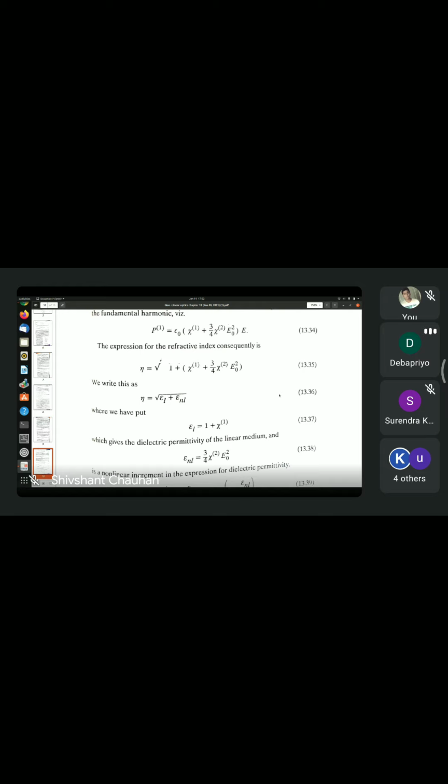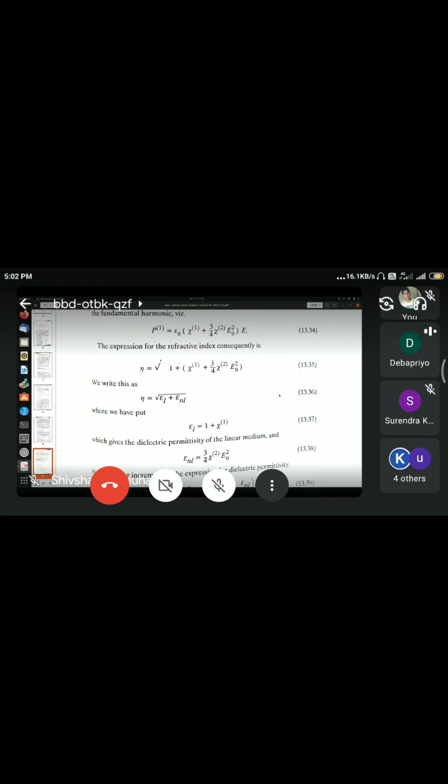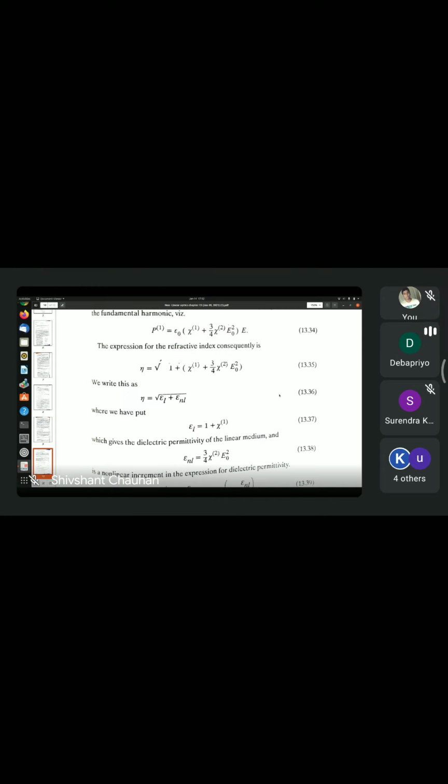So they have written it like square root of epsilon L plus epsilon NL, but remember that refractive index is a dimensionless quantity, whereas permittivity is a dimensionful quantity.